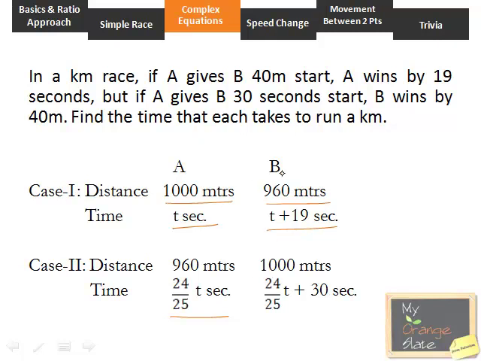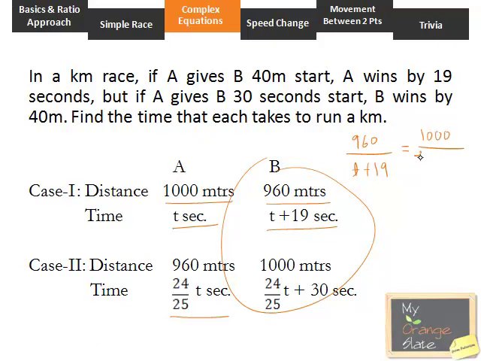Now if we equate speed of B in two cases, what we get is 960 divided by t plus 19 must be equal to 1000 divided by 24 by 25 t plus 30.